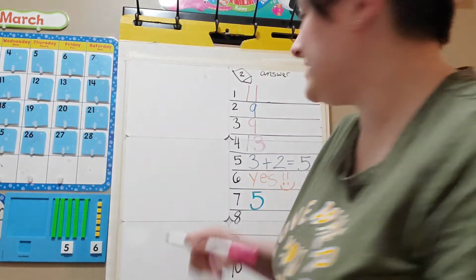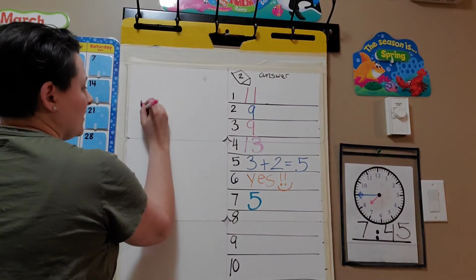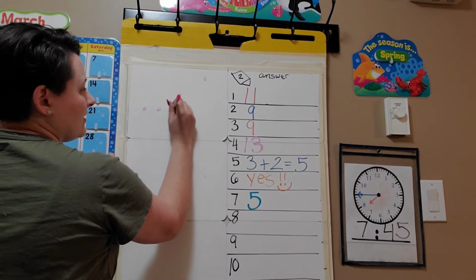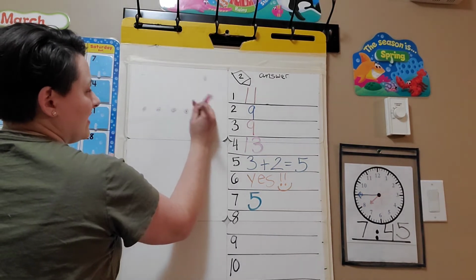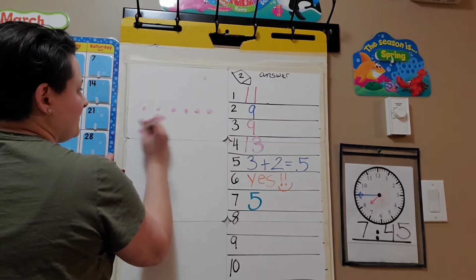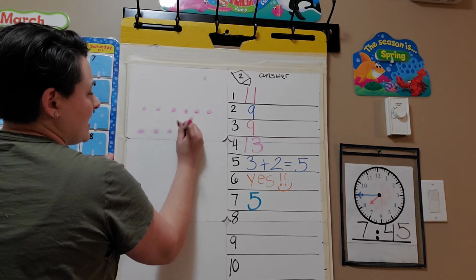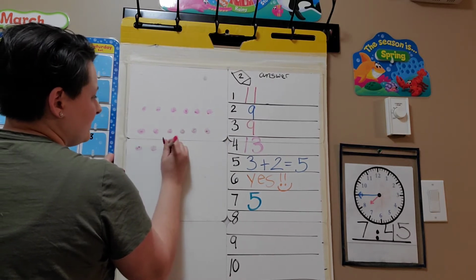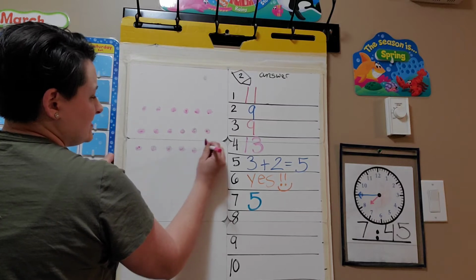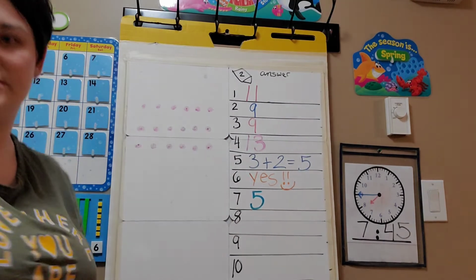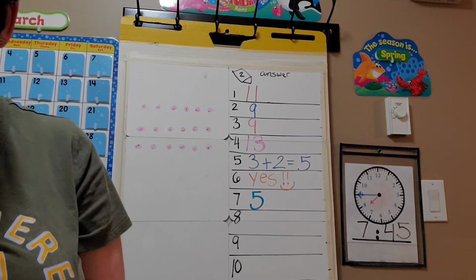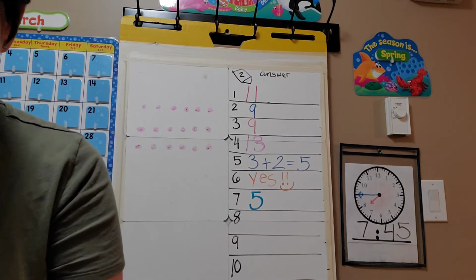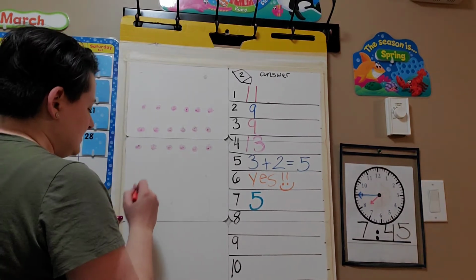If we had 18, 1, 2, 3, 4, 5, 6, 7, 8, 9, 10, 11, 12, 13, 14, 15, 16, 17, 18 erasers. And we use up 12 of them. 18.